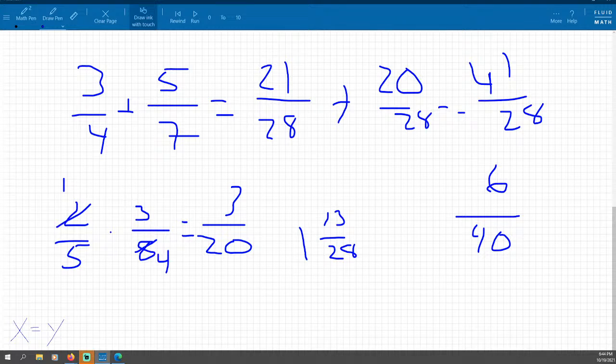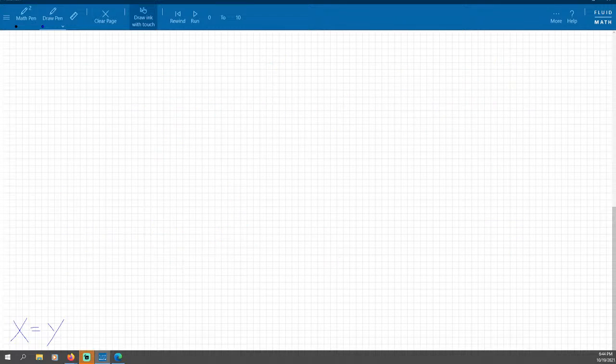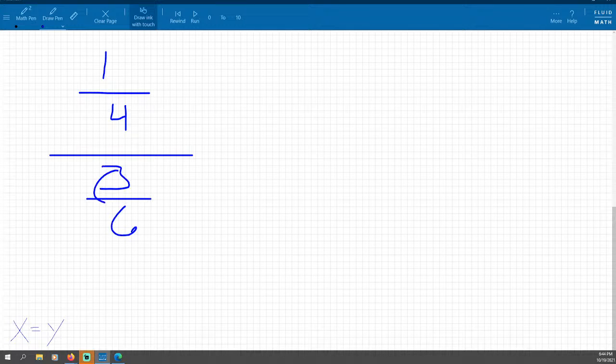And then always divide fractions by multiplying the reciprocal of the divisor. So what does that mean? 1/4 divided by 3/5.